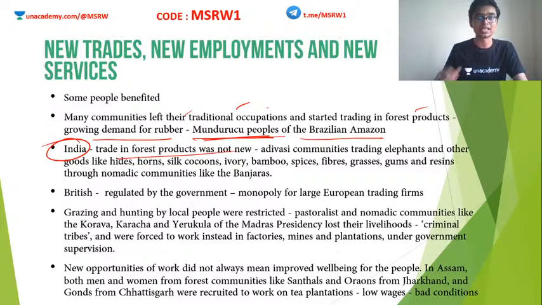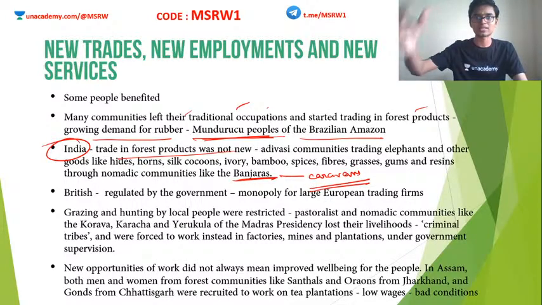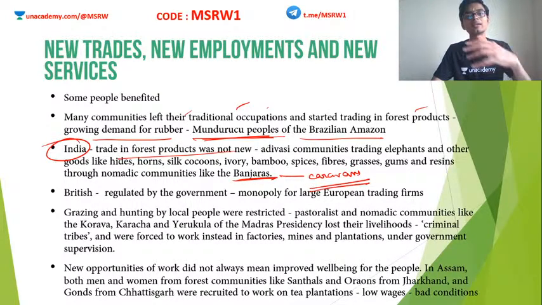Adivasi communities traded in elephants, elephant tusks, rhino horns, etc. They combined with the Banjaras. Banjaras are traders, caravans. So these Adivasis collected all this forest produce and traded these goods with the rest of the world using the Banjaras. When the British came, they imposed regulations on this kind of trade.